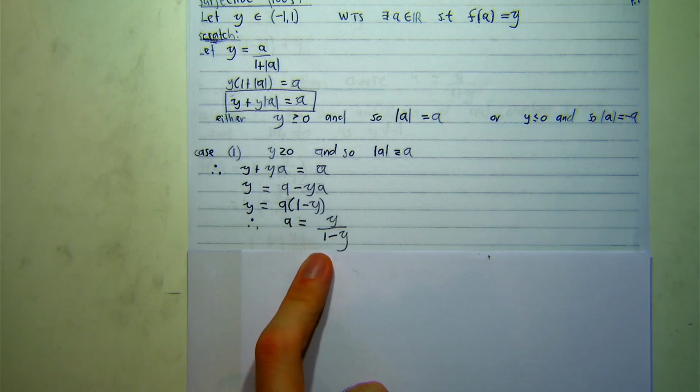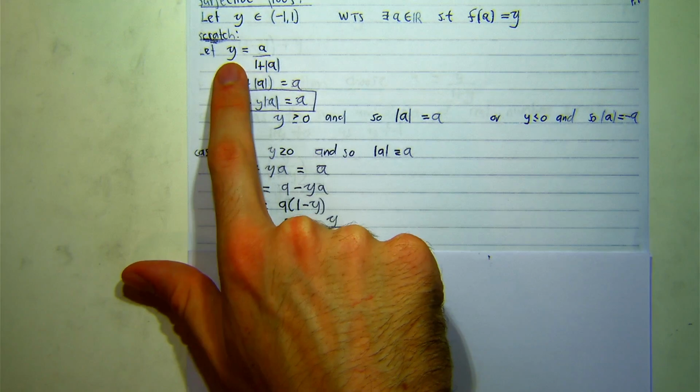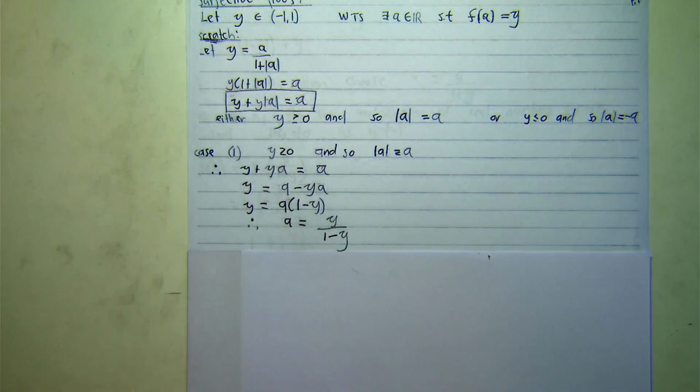And so to hit a half, we plug A equal to 1 into our function. And we can check that is true: 1/2 is equal to 1 divided by 1 plus 1, which is 1 divided by 2, which is a half.